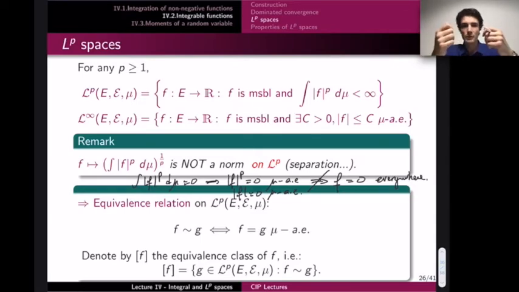The fact that they differ only on a small number of points from the point of view of the measure is not so important in measure theory. So we will do just as if two functions which are equal almost everywhere are actually the same. That's roughly the idea.